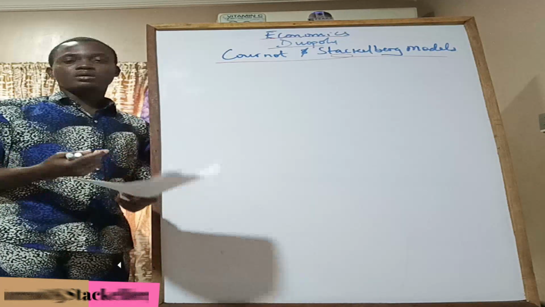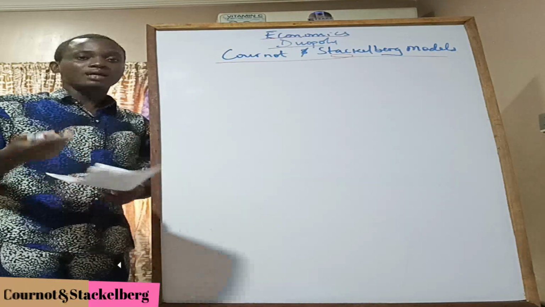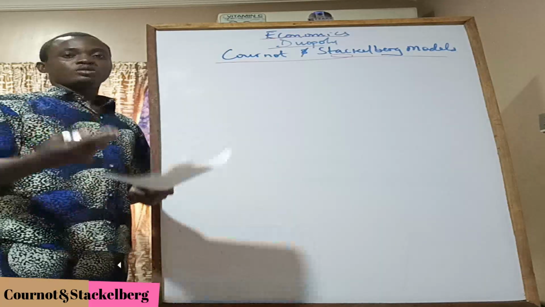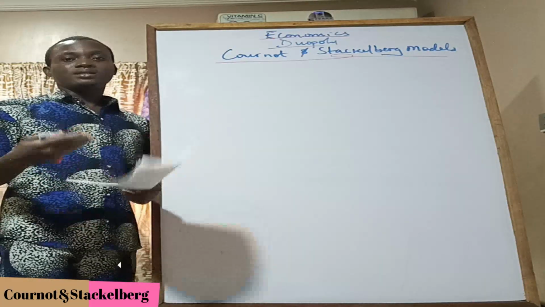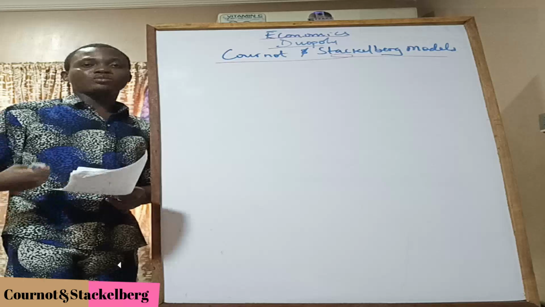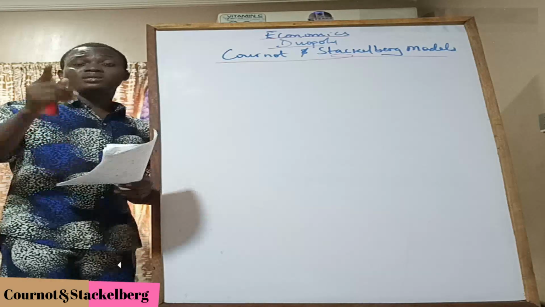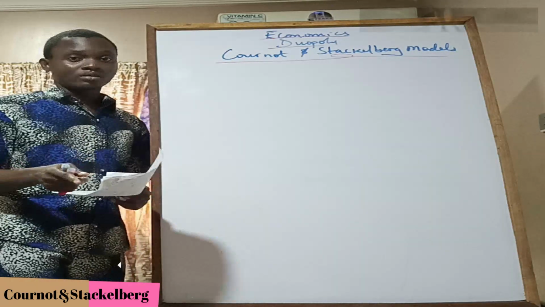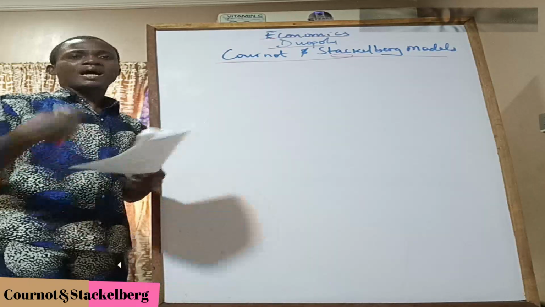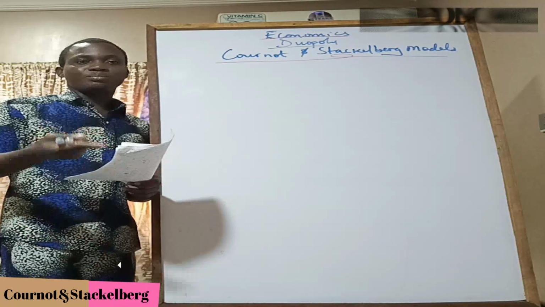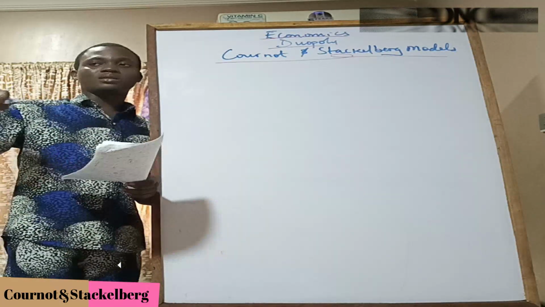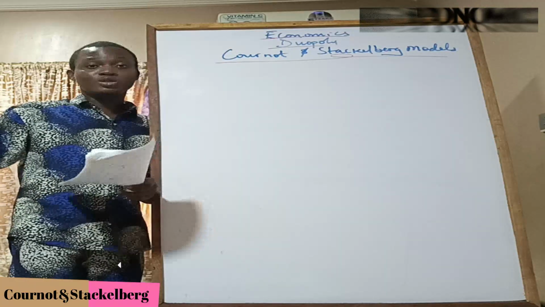For the Stackelberg model, we have a leader in the industry, and it is that leader the second firm will be looking up to. The leader chooses its output first, and the output the leader chooses depends on how the follower is going to react.